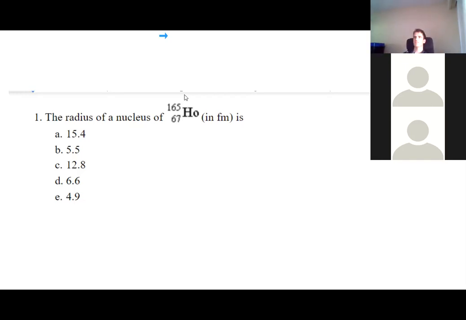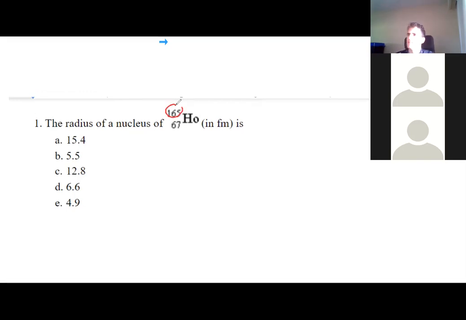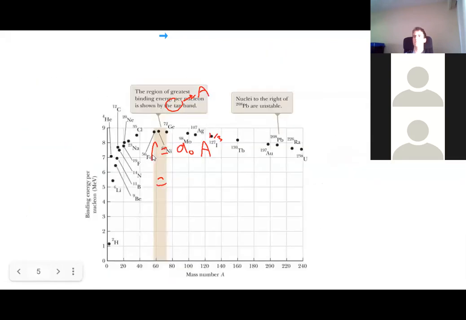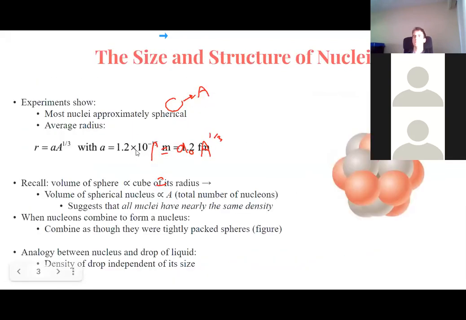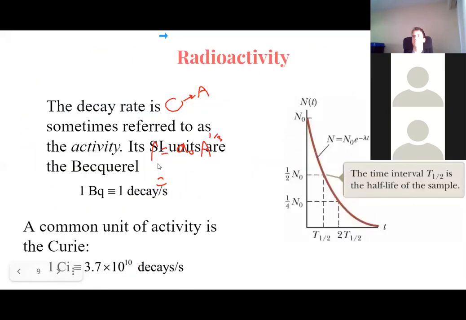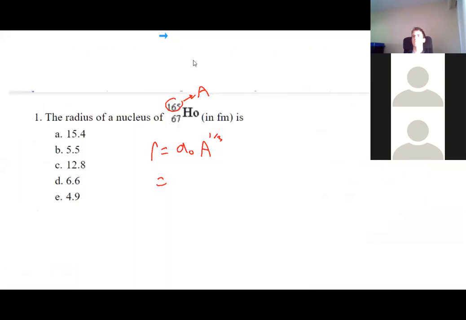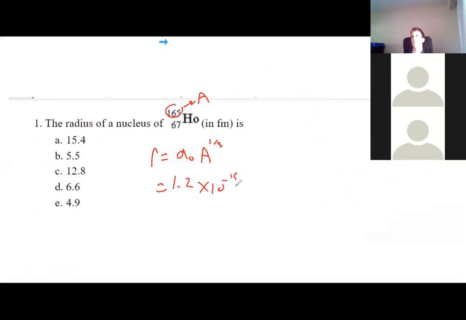So the radius of a nucleus is a constant, R0, times A to the 1/3. And R0 is 1.2 times 10 to the negative 15 meters.